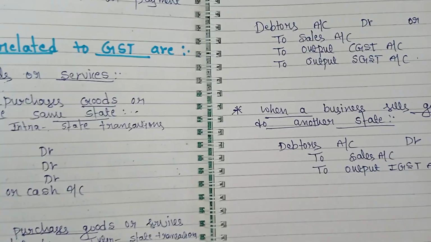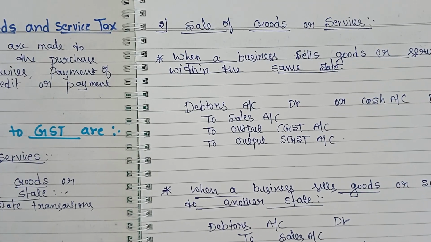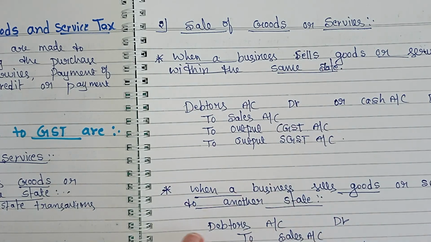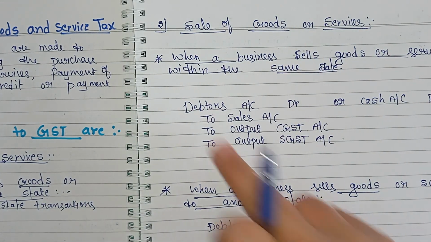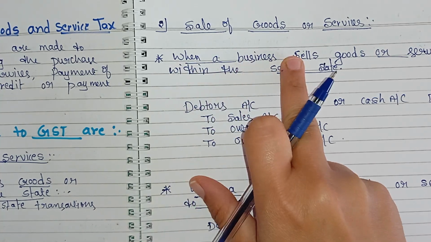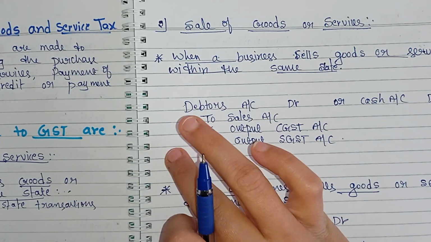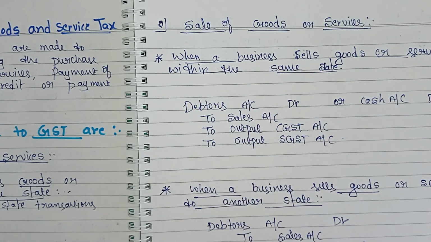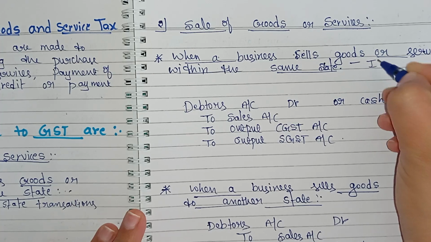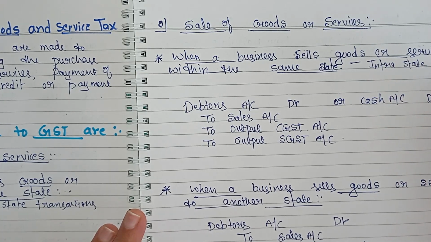Next, the second one, that is sale of goods or services. First case, when a business sells goods or services within the same state, means intrastate transactions.